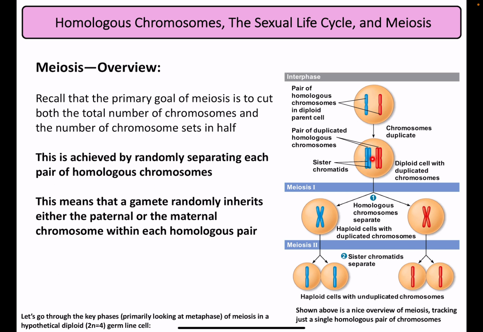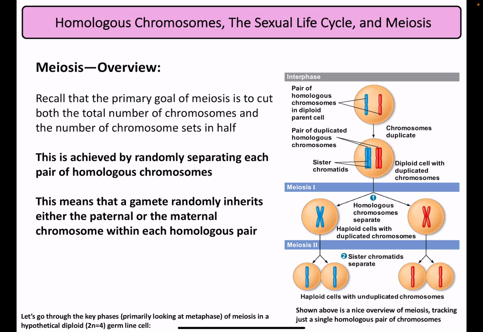We're going to randomly select one of these 2 chromosomes and give 1 to each gamete. In doing so, the 2 resulting cells will have 1 set of chromosomes. We're going to cut the number in half. That's pretty much all we're looking to do here. So, in summary, meiosis is the random separation of homologous pairs.